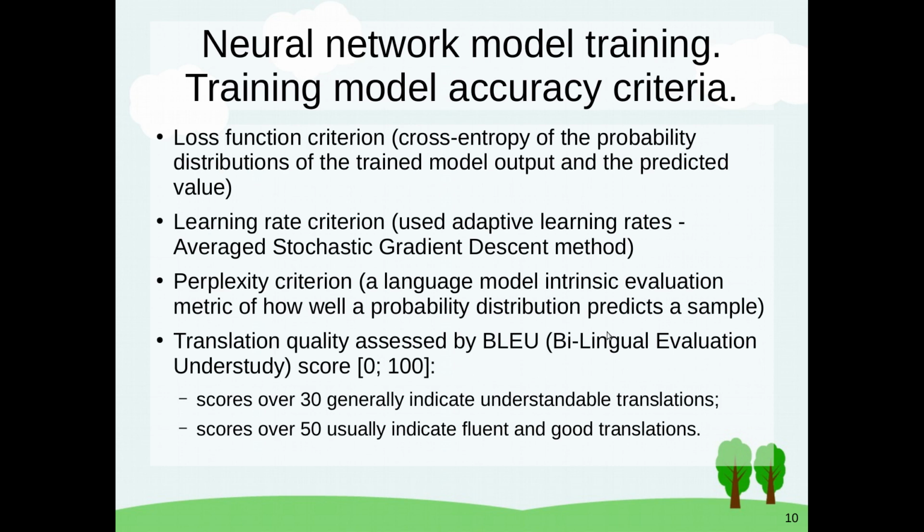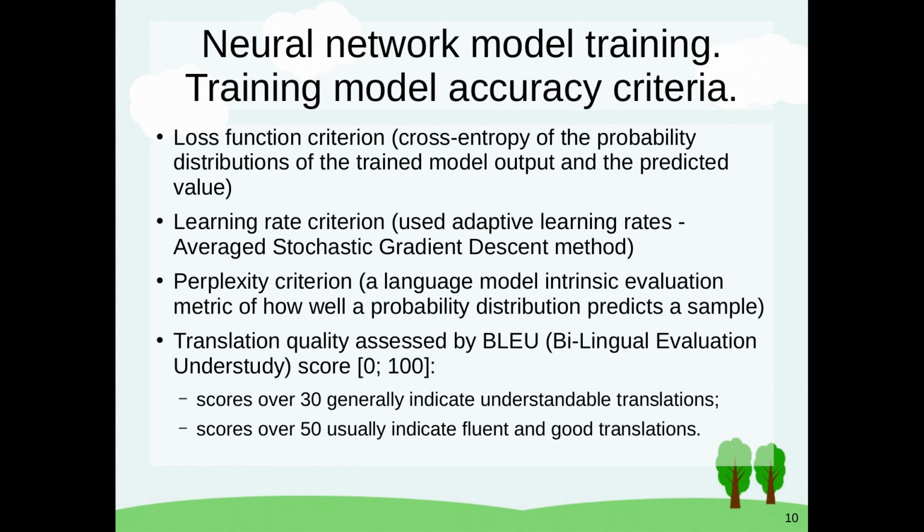Neural network model training has a few criteria. And what are the main criteria which allow us to say that this model is trained? At first, it's the loss function criterion.